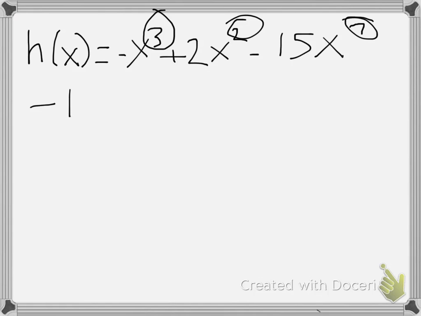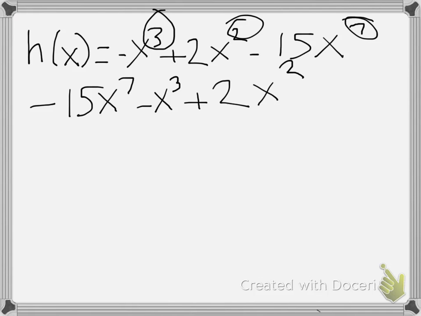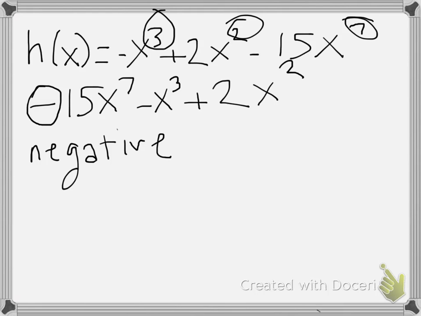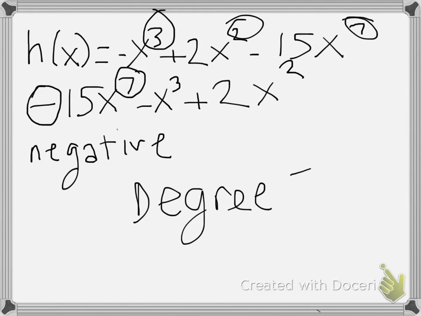So it would now be negative 15x to the 7th minus x cubed plus 2x squared. And this is the leading coefficient, and it's negative. And it's to the 7th power, so it has a degree of 7. So the end behavior is negative.